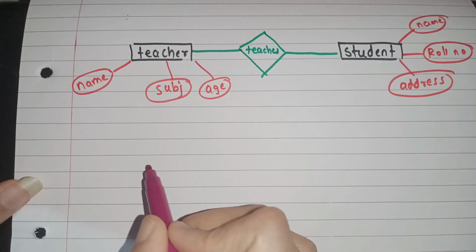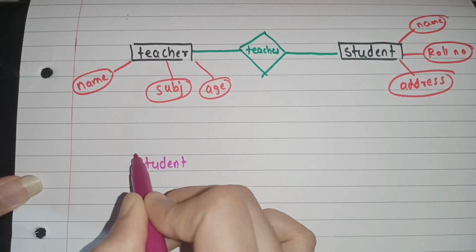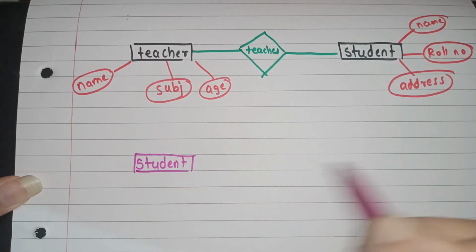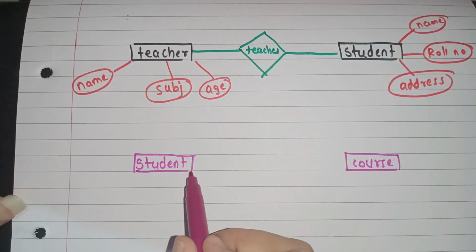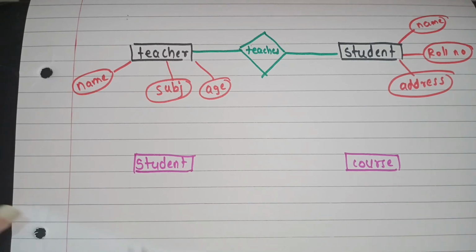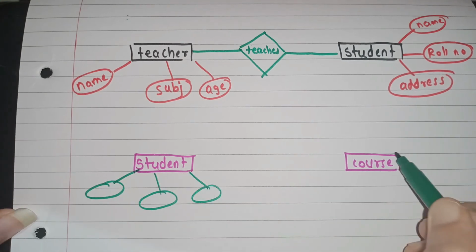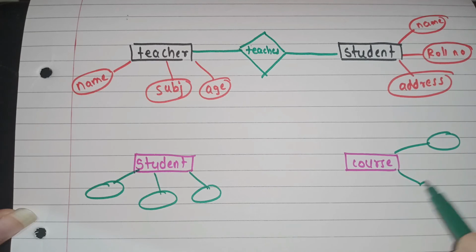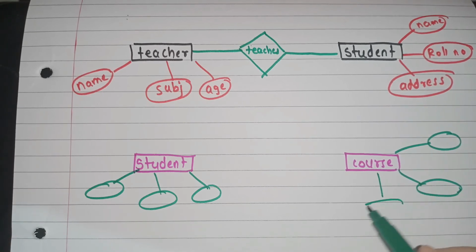Okay. Another example is student is one entity and course is another entity. Here student is physical entity and course is conceptual entity. Student will have his own attributes, something like name, id, etc., and course will have his own id, name, and we can say course time.